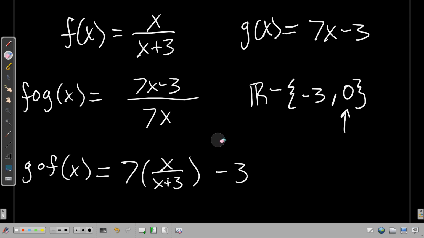So I would have inherited the fact that the domain cannot include -3. But then there's nothing else. The composition doesn't also include another problem point, right? That's it. It's still this for your domain.